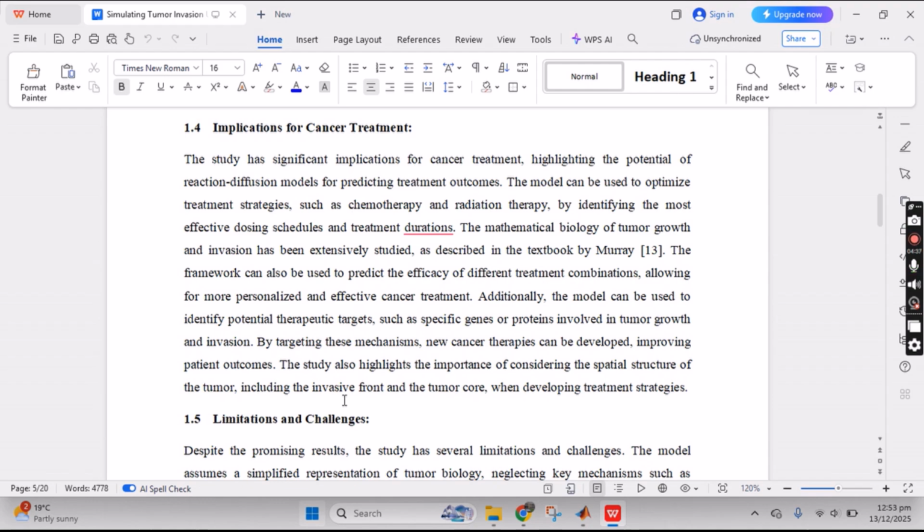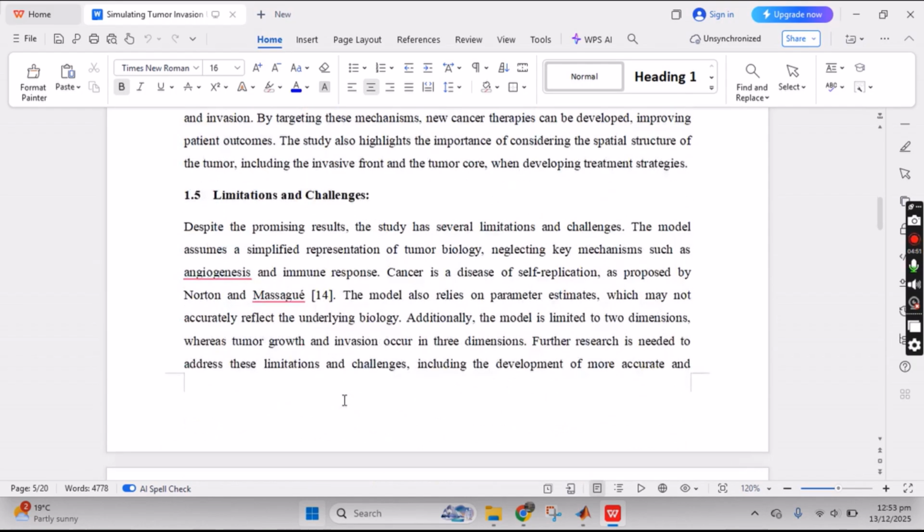Additionally, the model can be used to identify potential therapeutic targets such as specific genes or proteins involved in tumor growth and invasion as well. So here are the limitations and challenges. The model assumes a simplified representation of tumor biology, neglecting key mechanisms such as angiogenesis and immune response as well.